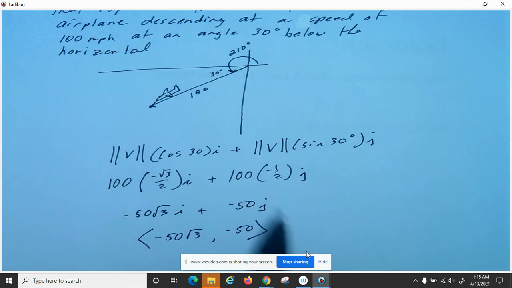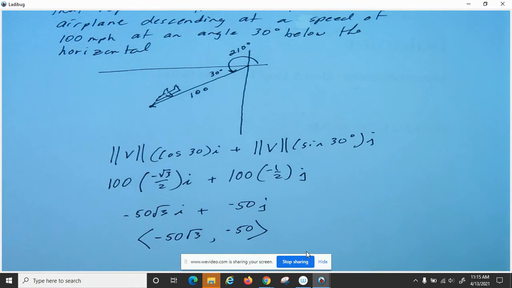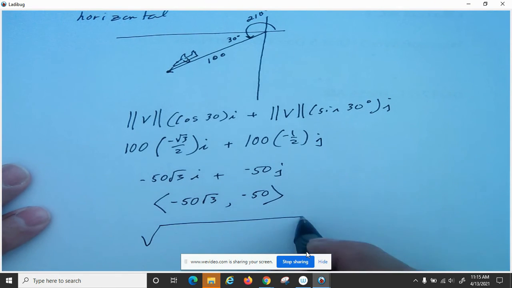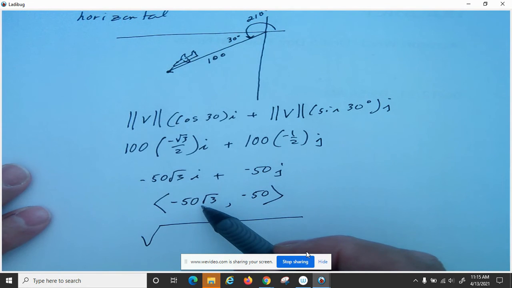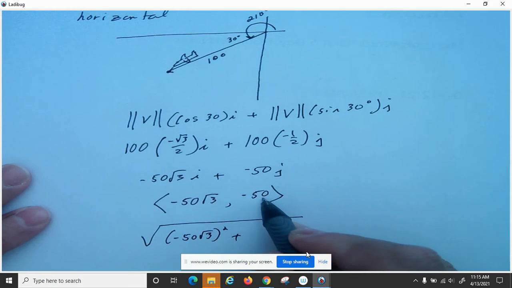Now, if I wanted to double check this and make sure that it has a magnitude of 100, I can use the distance formula. Since I know the initial point is 0, 0, this minus 0 will give me this. Square it, plus this minus 0 is negative 50.